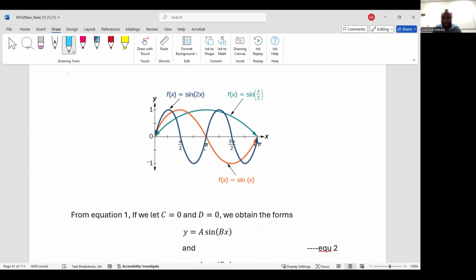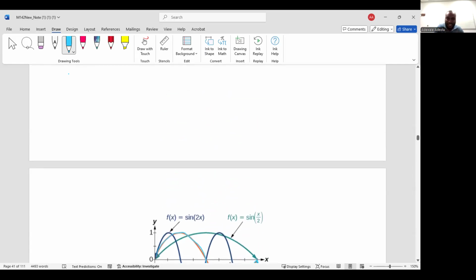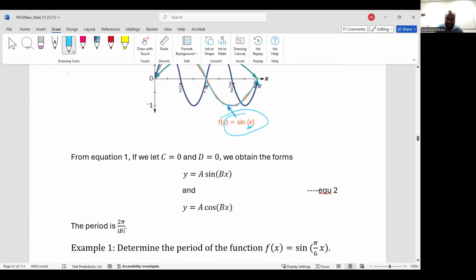Now you see it moving this way, getting back to pi and completing one full rotation at 2 pi. Then you see it is sine of x. In that case, our b is 1. Our b is 1 in that situation.